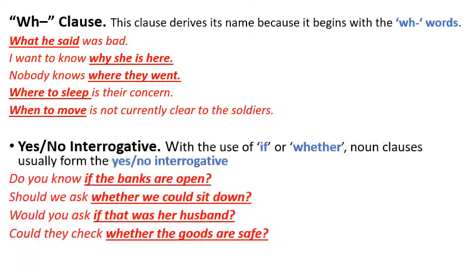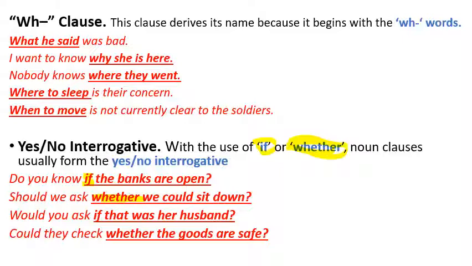And the last type here is yes-no interrogative. Yes-no interrogative is achieved using either if or whether. These noun clauses answer yes-no questions. If you want your noun clause to answer a question, you would start it with either if or whether.